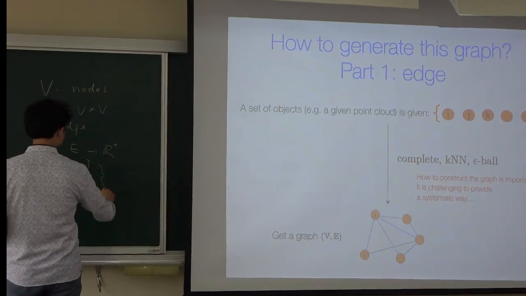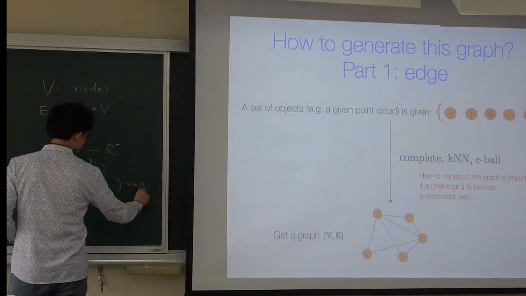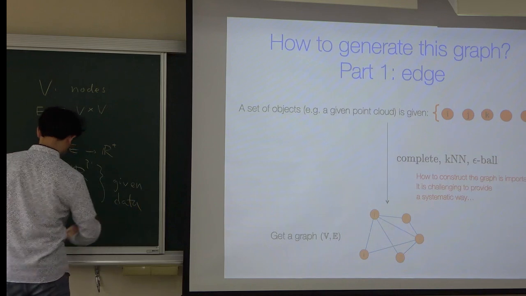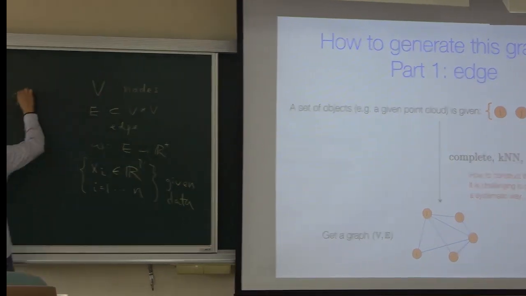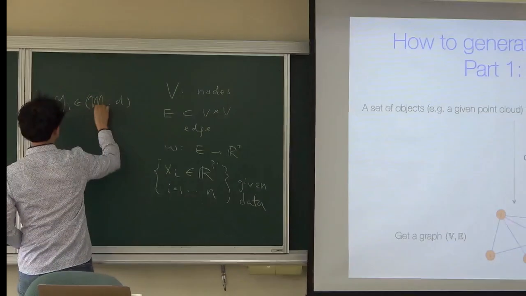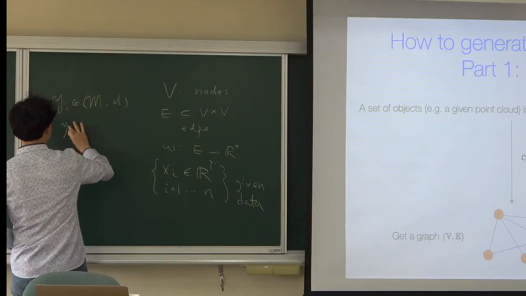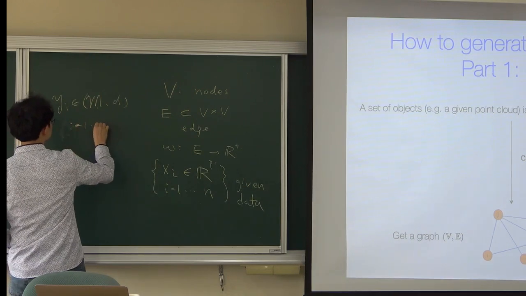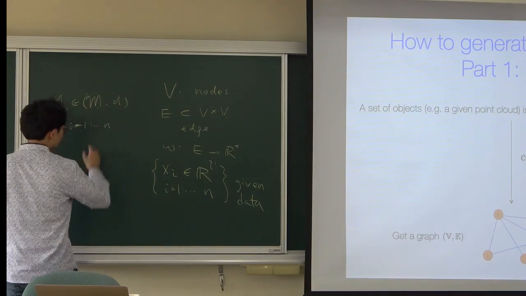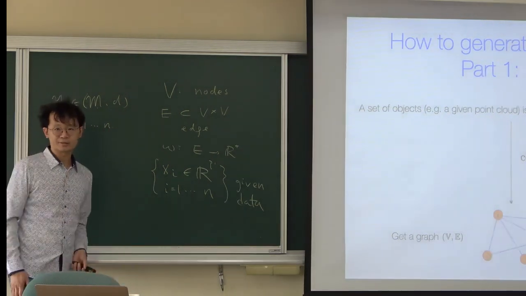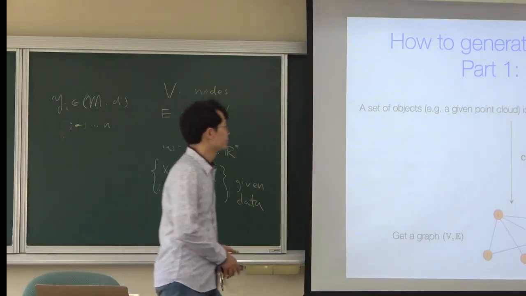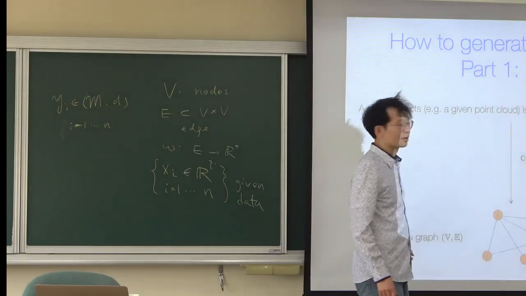Sometimes this is the given data. Or even more generally, I may give you yi, which is in some metric space, i from 1 to n. And I give you all these data sets, and I ask you to do an analysis. What can you do?